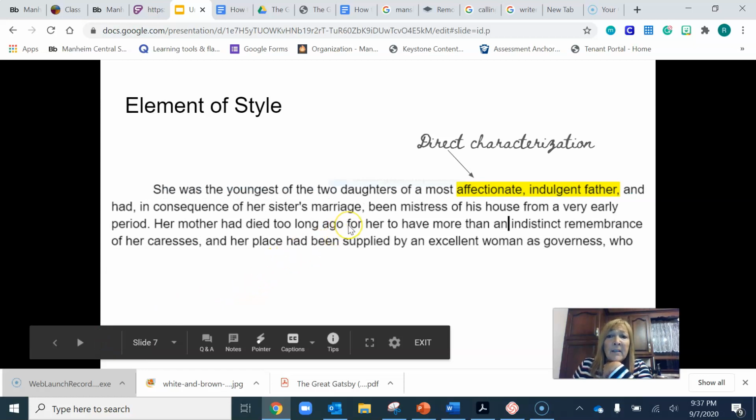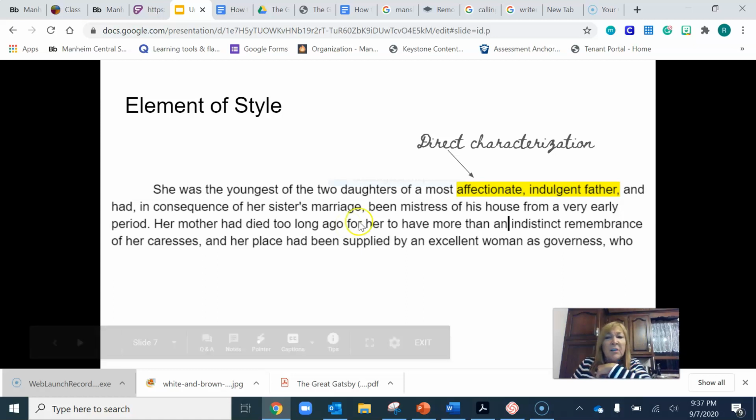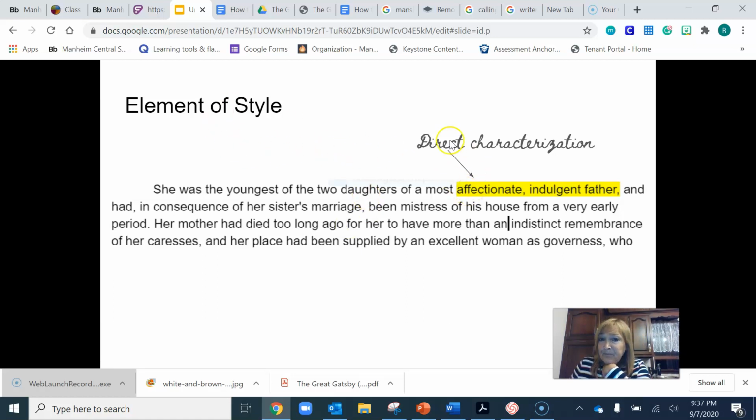An element of style that we see here: "She was the youngest of the two daughters of a most affectionate, indulgent father, and had, in consequence of her sister's marriage, been mistress of his house from a very early period." We're going to see in this opening page some very direct characterization.